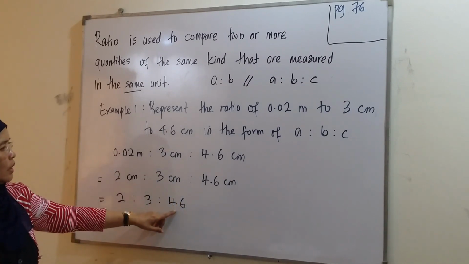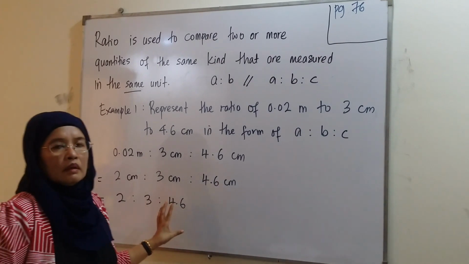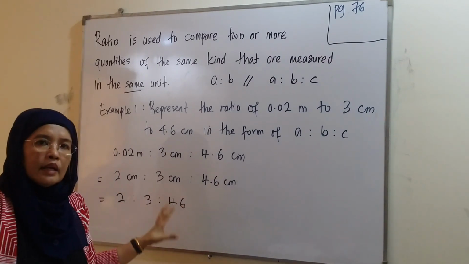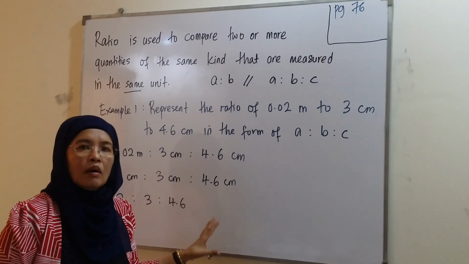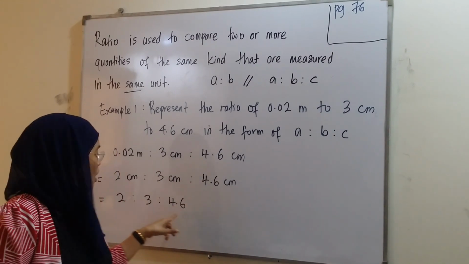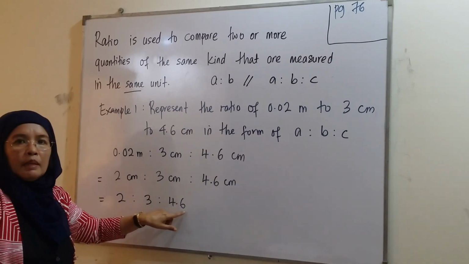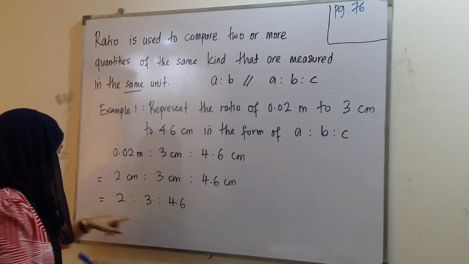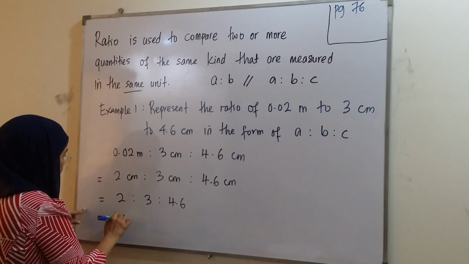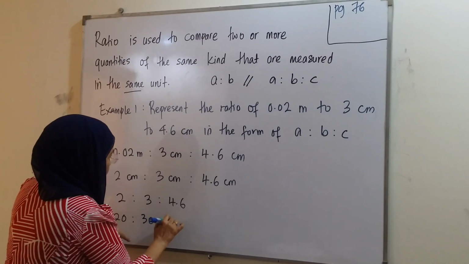Now we look here. This is in decimal. In a ratio, the final answer cannot be in decimal or fraction. So how to get rid of the decimal? You multiply all by 10. If you multiply 4.6 by 10, you get 46. So therefore here 20 ratio 30 ratio 46.